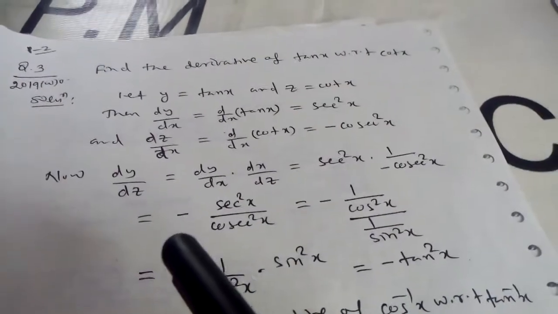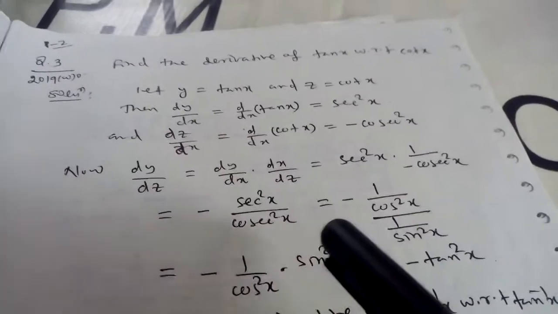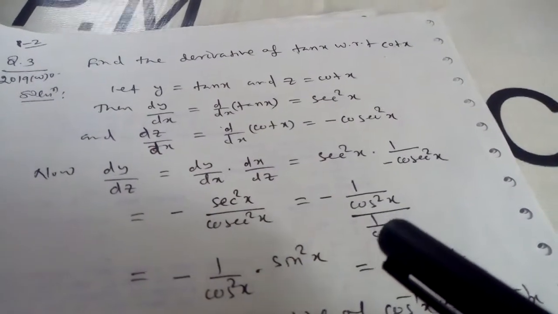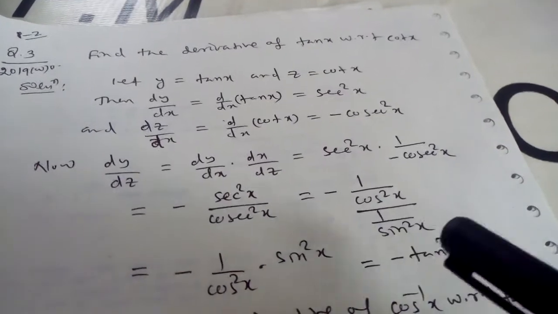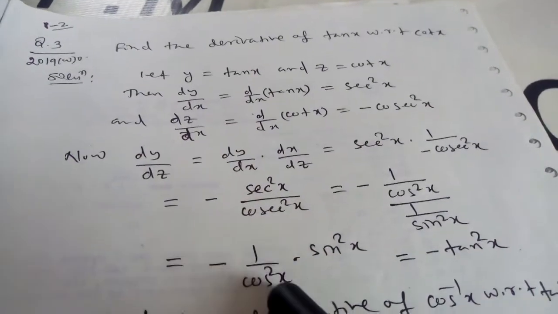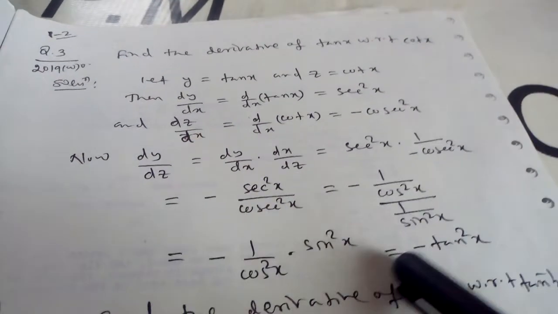So this is equal to minus sec square x whole divided by cosec square x is equal to minus 1 by cos square x whole divided by 1 by sin square x. So this is equal to minus 1 by cos square x into sin square x.